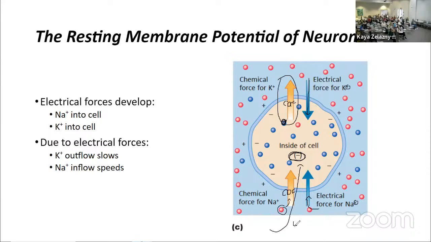So our electrochemical driving force on sodium is really big, moving into the cell. And our electrochemical driving force on potassium is weakly in the opposite direction. So this electrical force is kind of combating some of this chemical force. So on net, our total force for potassium is out of the cell, but it's a little bit smaller. Okay.